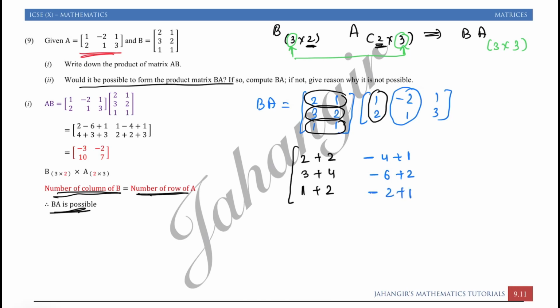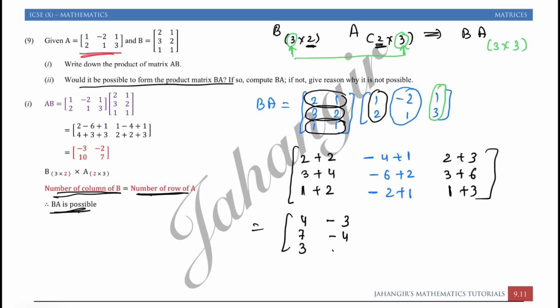Then with third row, let us circle third column, sorry. 1 2s are 2 plus 3 1s are 3. 3 1s are 3 plus 3 2s are 6. 1 1s are 1 plus 3 1s are 3. So 2 plus 2 is 4. 3 plus 4 is 7. 2 plus 1 is 3. Minus 3. Minus 4. Minus 1. 5. 3 plus 6 is 9. 4.